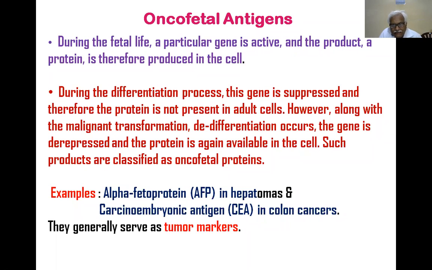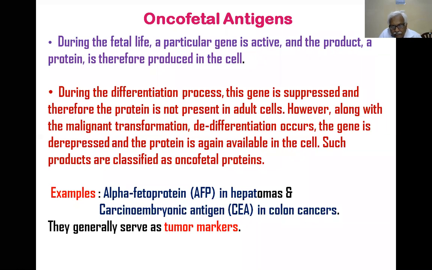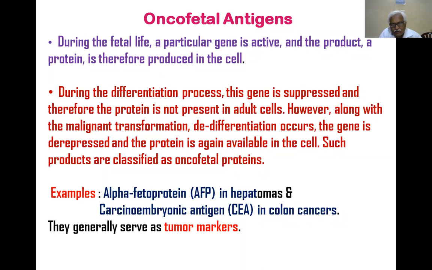Carcinoembryonic antigen, CEA: if it is present in a blood sample collected from a middle-aged individual or someone over 60 years, it indicates that he is going to get colon cancers, transverse colon cancers, descending colon cancers, all types of cancers related to the colon. So they generally serve as tumor markers. Most of the time we are sure that they are going to develop this.